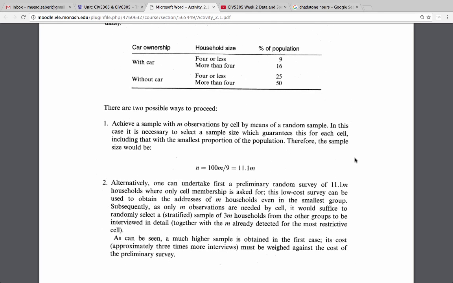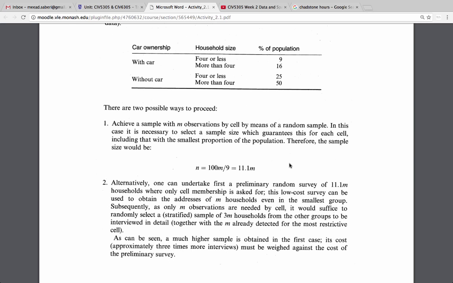There's another method to collect a sample from this population, and it is a stratified way of collecting the sample. What you can do is undertake a preliminary random survey of this entire 11.1 M households, but instead of collecting the entire data that you want, you can only collect a small survey.